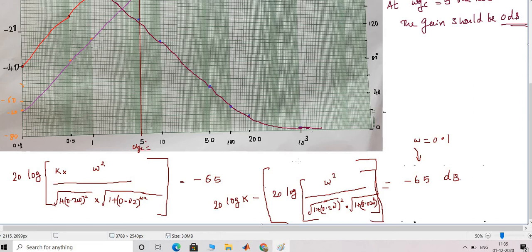when omega is equal to 0.1, the gain in decibels that we have already obtained in the table. What is that? When omega is 0.1, the gain in decibel is actually minus 40 dB.